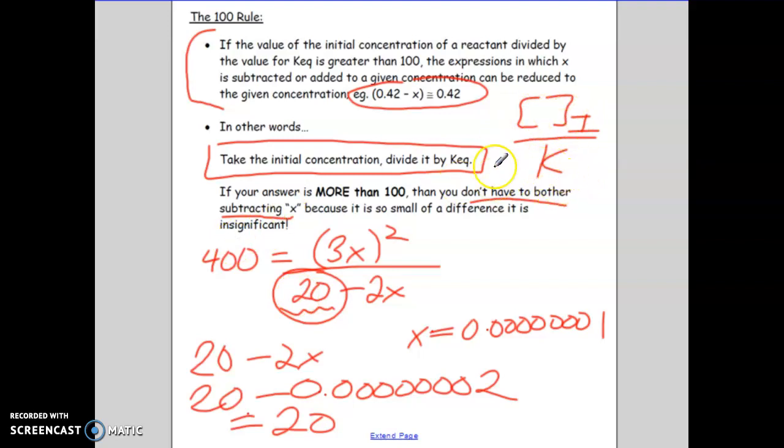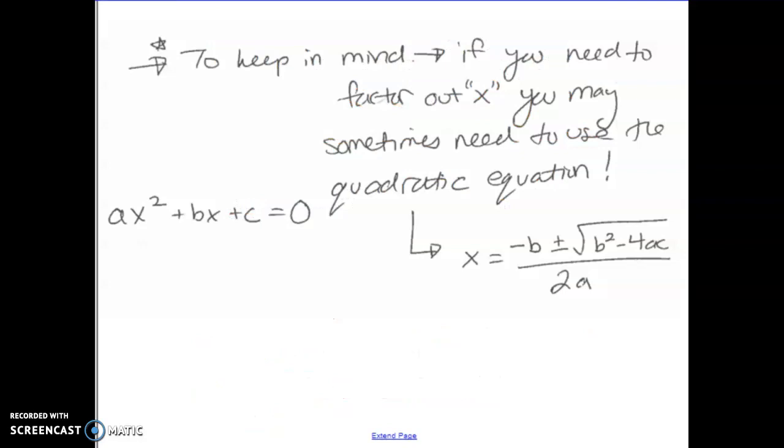Now, what happens if it's not above 100? What if you have that 97 or 95 or 2 or whatever it is, something under 100? That is when you are going to have to solve using the full-blown quadratic equation.